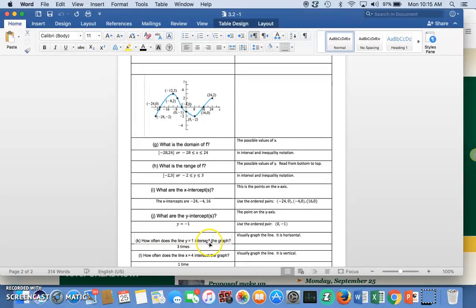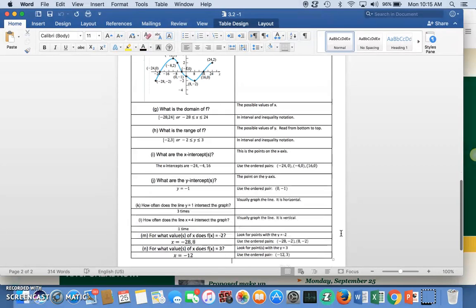How often does the line y equals 1 intersect the graph? Y equals 1 intersects 3 times. And how often does the line x equals 4 intersect? Only 1 time.